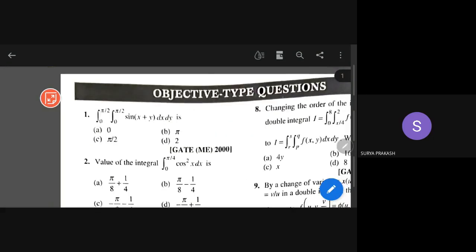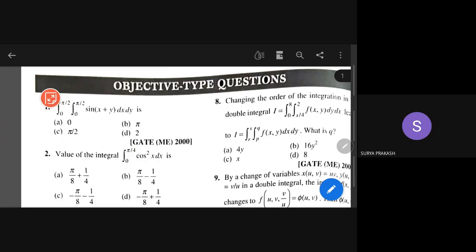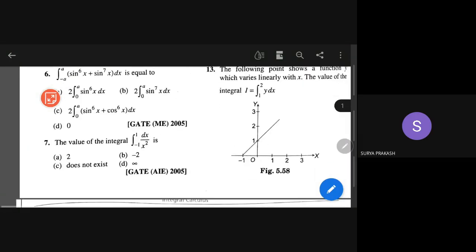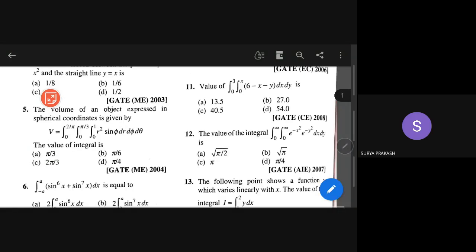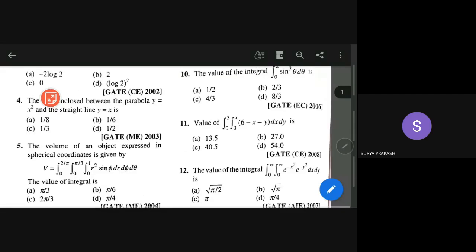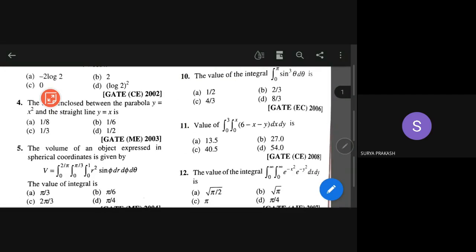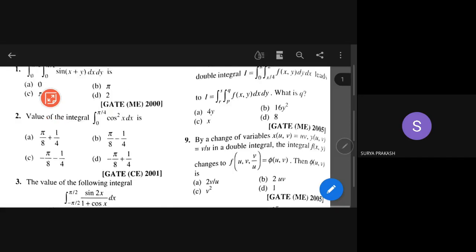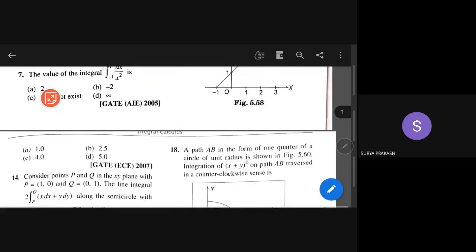Sometimes by looking at the problem also we can do it. For example, here all are lines. Luckily, most of these examples are lines.